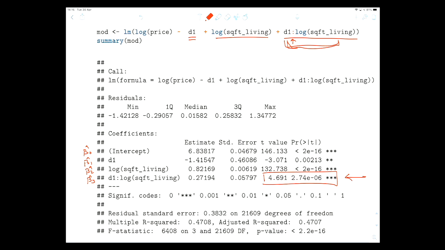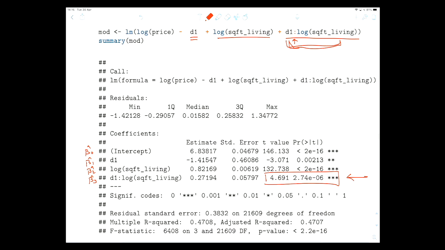Keep in mind, I spoke about this last week, but I'll reiterate it here. When you're using the t-statistic, it is always under the condition that all the other predictors are in the model and held fixed.